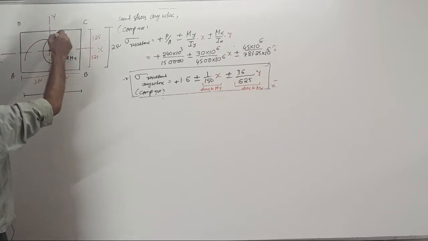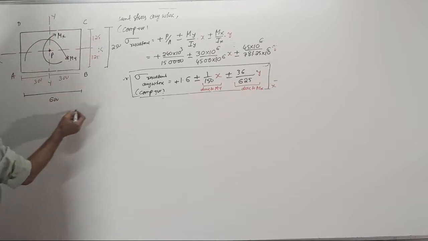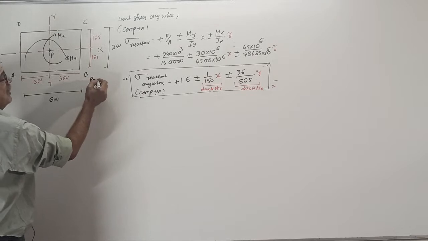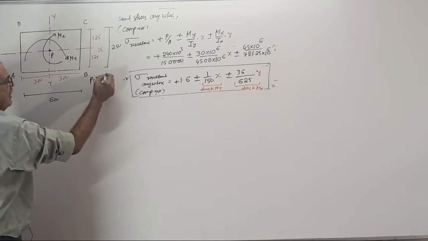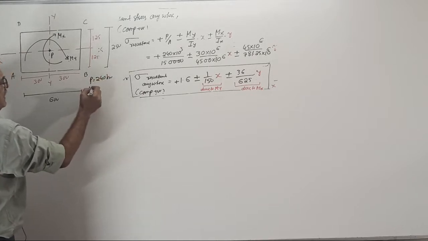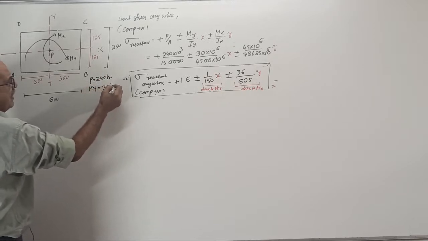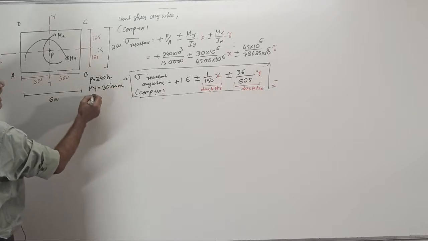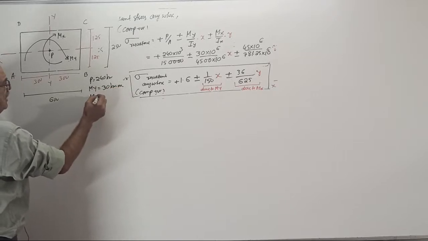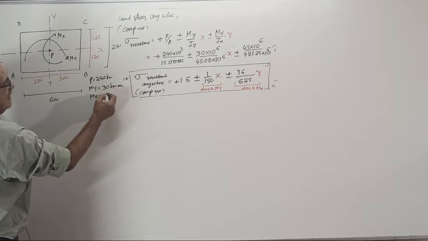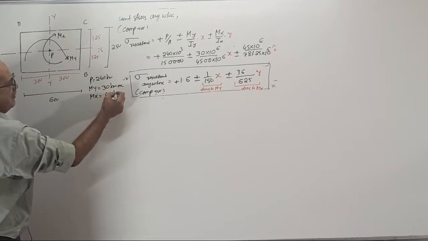BM about XX axis, MX. Your P is how much? 240 kilonewton. Conversion later. Moment about Y equal to 30 kilonewton meter. And also BM about X is how much? It is 45 kilonewton meter. Correct?